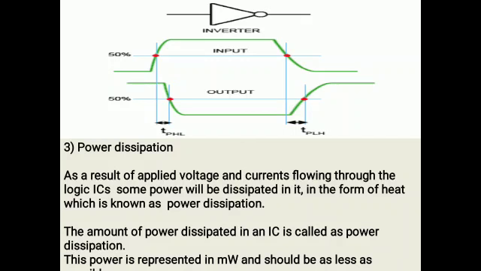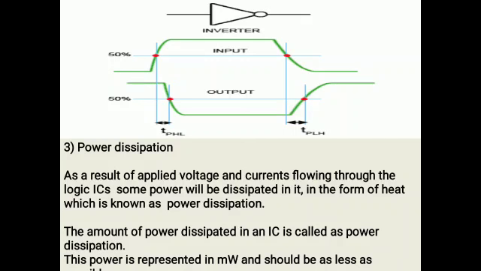The same happens when the input changes from high to low state. Here also there is some time delay, called TPLH. This is the delay produced when the output changes from low to high state. These two propagation delay times are not the same.